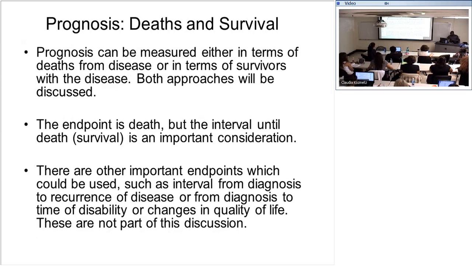Now, we can also measure prognosis, either in terms of death or in terms of survival with the disease. So the endpoint is there, but of course, we are interested in the interval until the death occurs, because death is actually inevitable. Everyone will die.